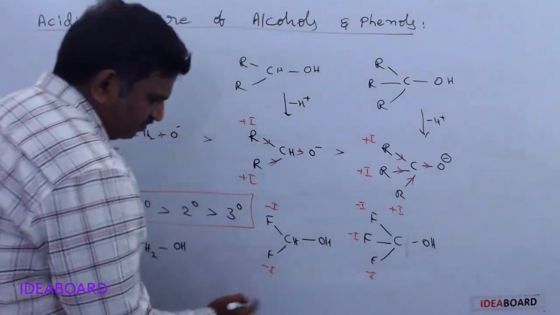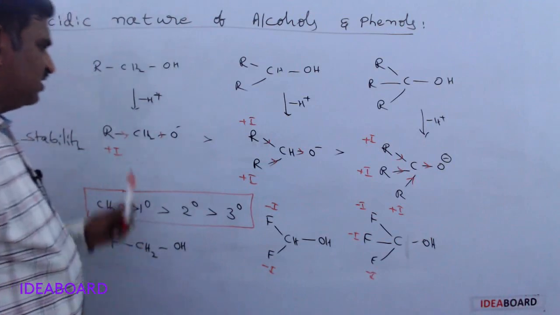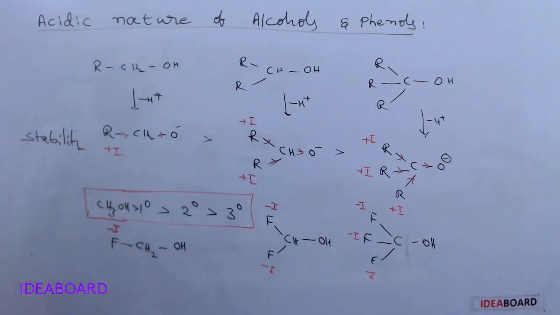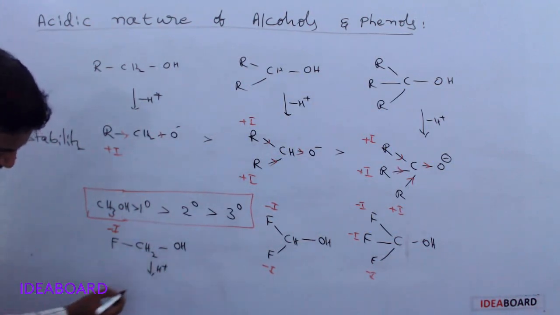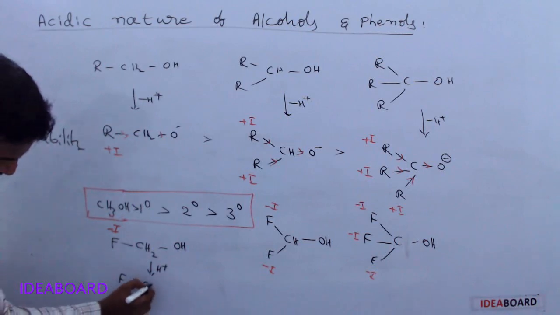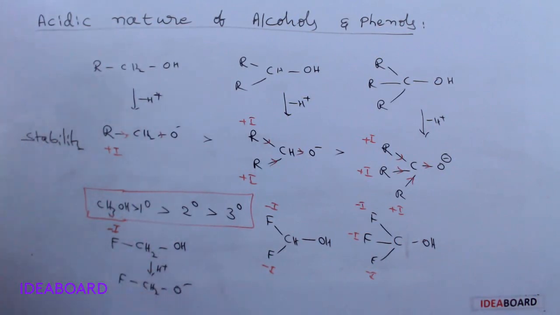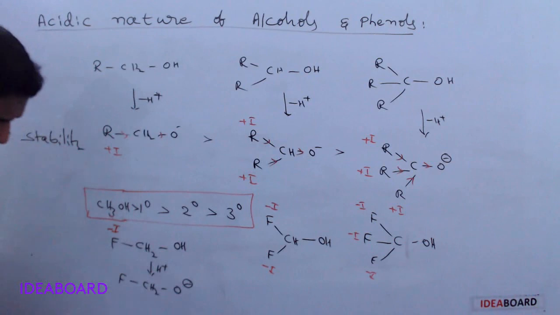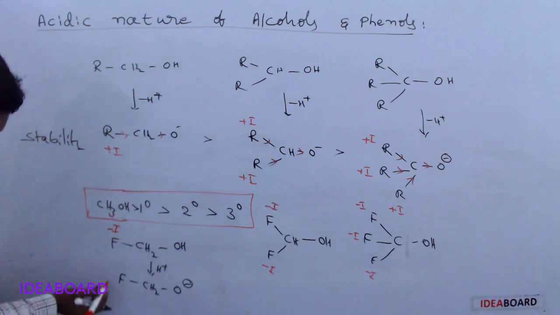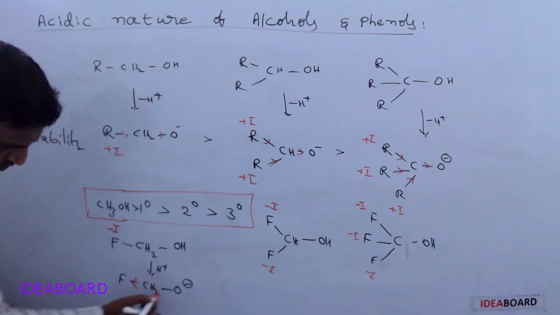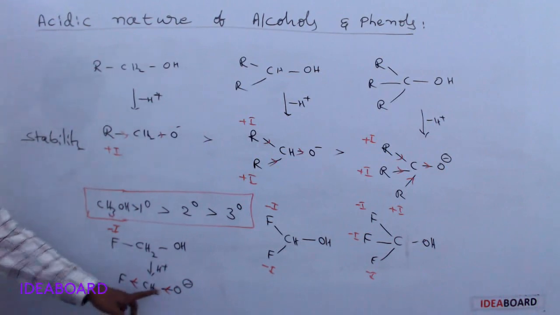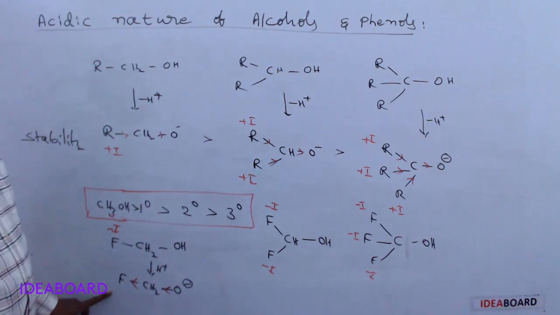Whenever there are plus I groups, they decrease the stability of the alkoxide ion. When there is a minus I group, what can it do? Suppose it releases an H plus ion, and then FCH2O minus is formed. This is the alkoxide ion, and F is a minus I group. A minus I group withdraws electrons, so the electrons move towards the fluorine atom.